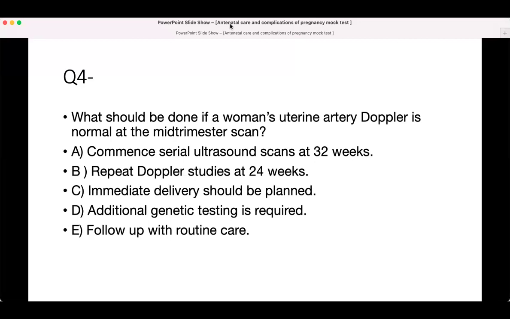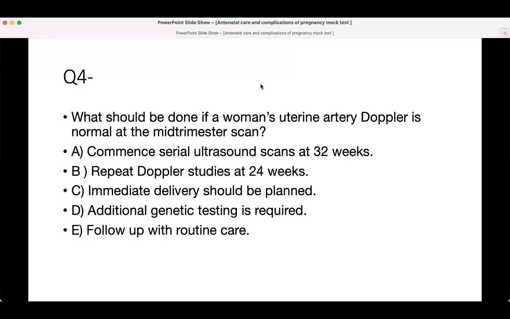Okay. So which women will have the screening with the uterine artery Doppler? Is that routine for everyone? No, not routine. Is that for low-risk individuals? No, not for the low-risk individuals. This is for the high-risk individuals for fetal growth restriction. Yes, well done, well done.